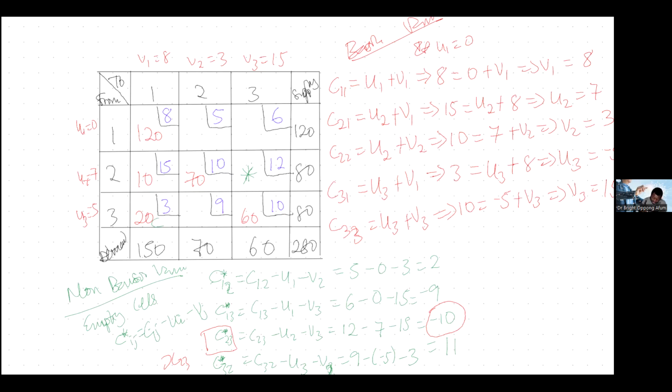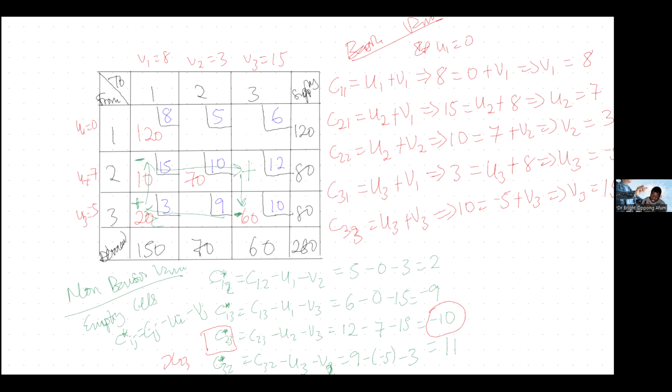So we have plus here. I move here to negative. I move to the left to the plus. I move to this cell to the minus. I come back here and it's negative. All right. So it means that I must allocate in X23.